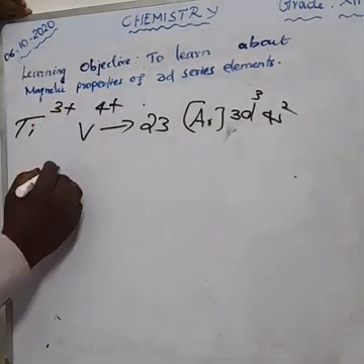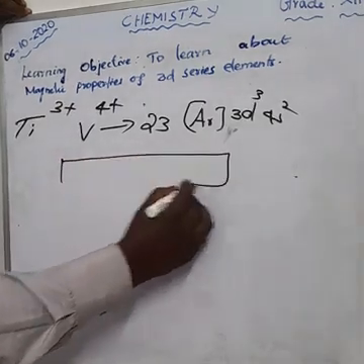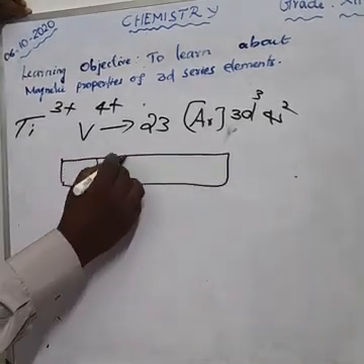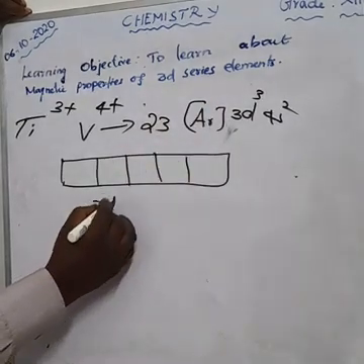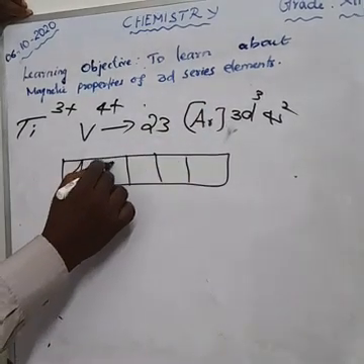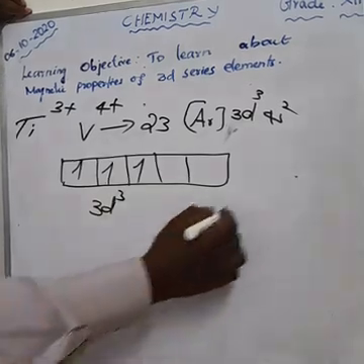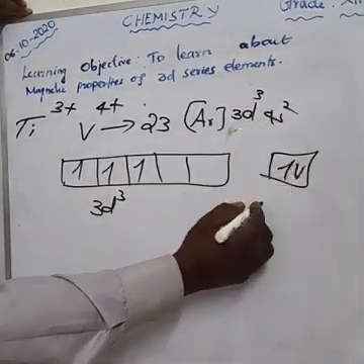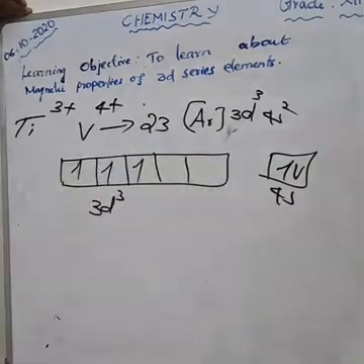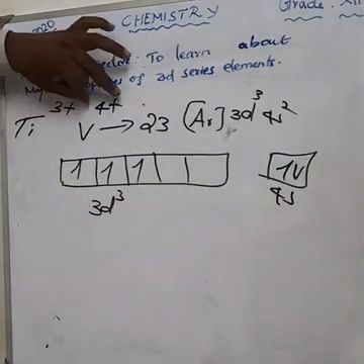First of all, we are drawing 3d. 3d3, am I right? 1, 2, 3. Next about 4s, here 2 electrons in 4s.